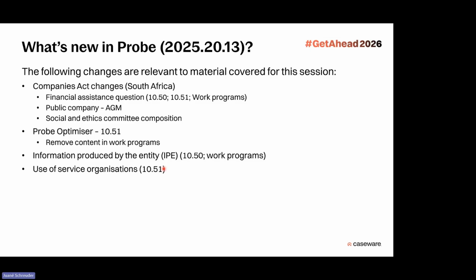Then maybe as a heads up, this is really just as a side note, I was at the IRBA CFAS meeting earlier in the week, and there's just a lot of build up for the standards that have changed, or the new standards that have been issued for fraud. ISA 240 has been revised, and ISA 570 going concern has been revised.